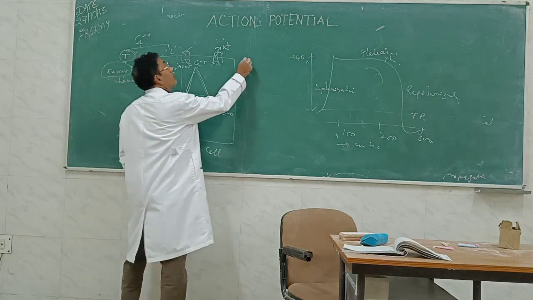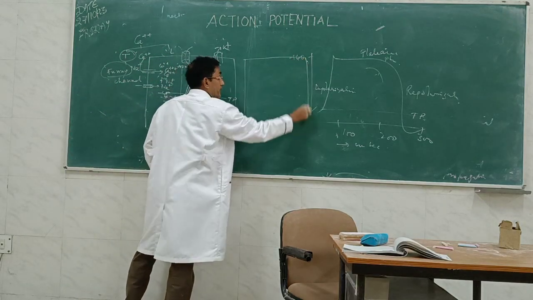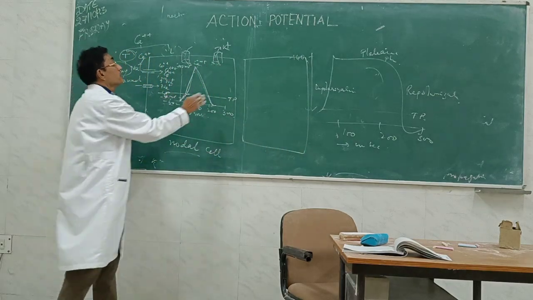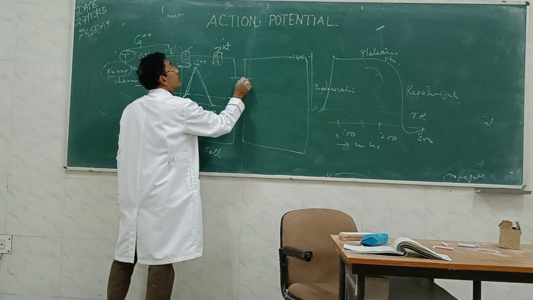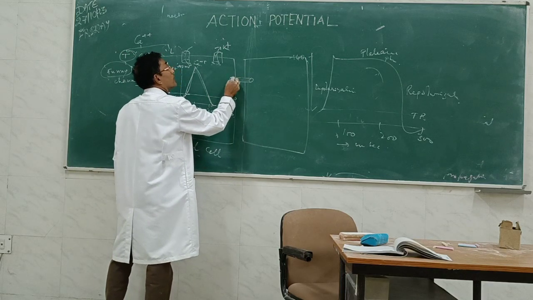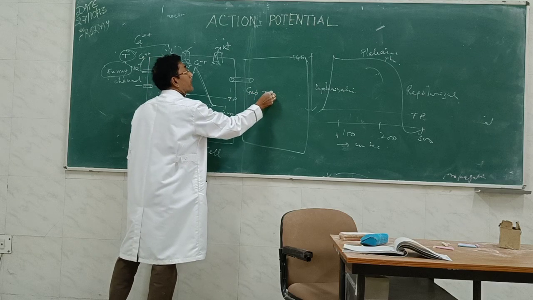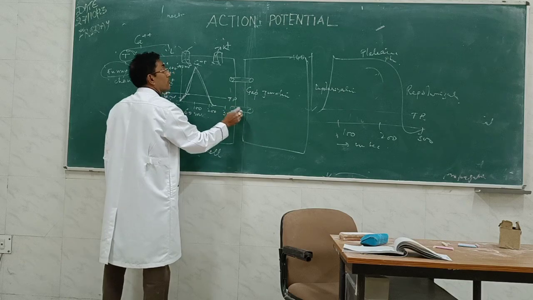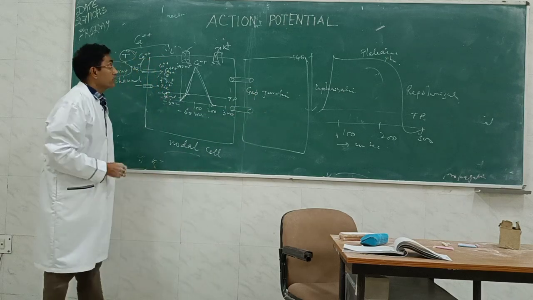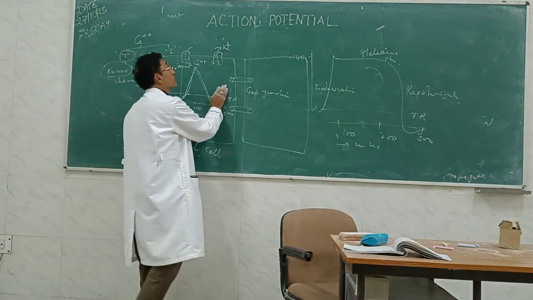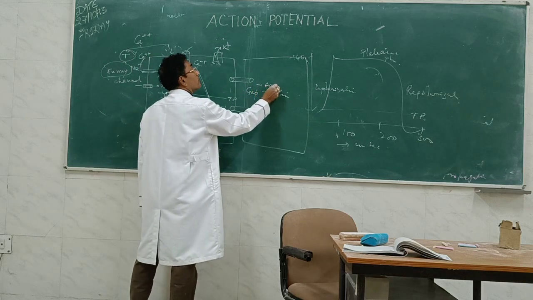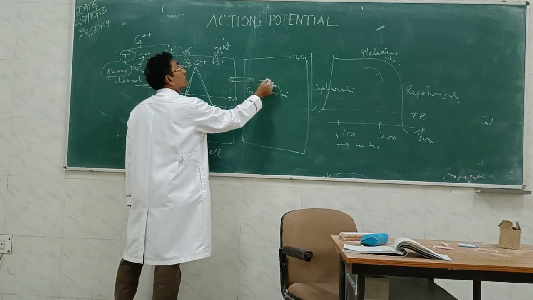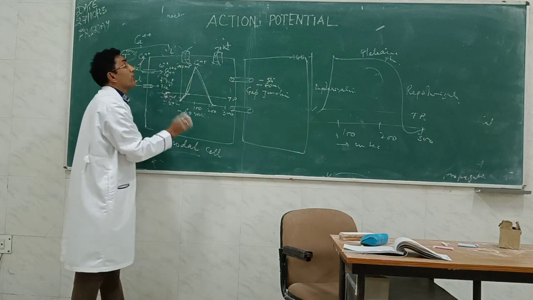And this nodal cell, we have a contractile cell. There is another small piece of information I would like to add. This nodal cell is connected to the contractile cell by the gap junction. Whatever changes happen here, say it is minus 60 millivolt, it changes to minus 55 because of the entry of sodium through the funny sodium channel.